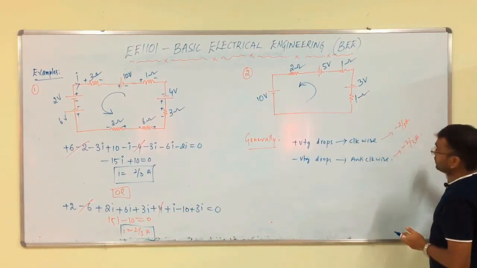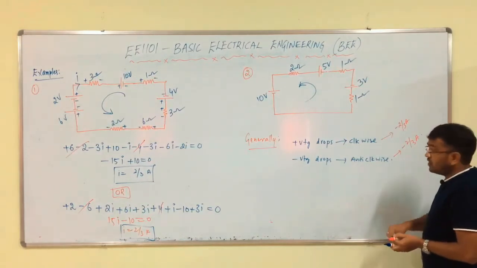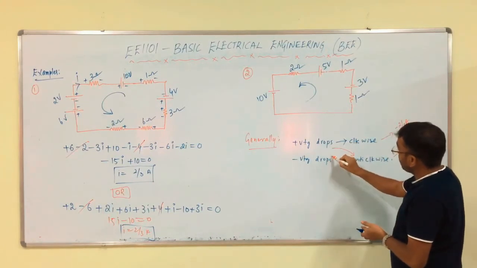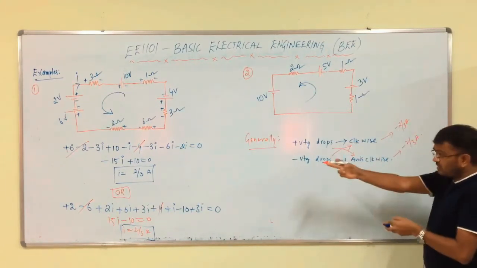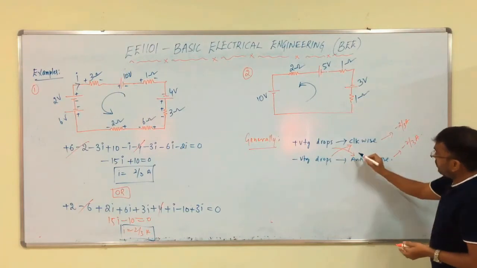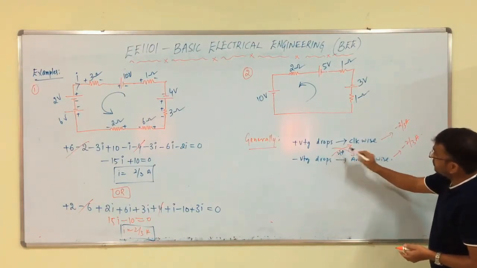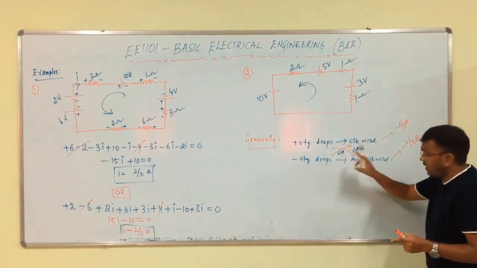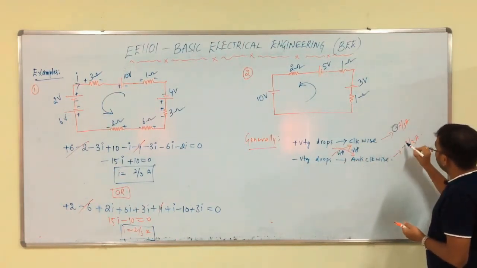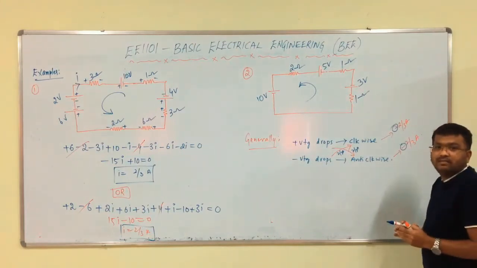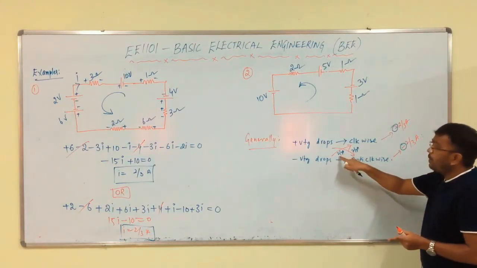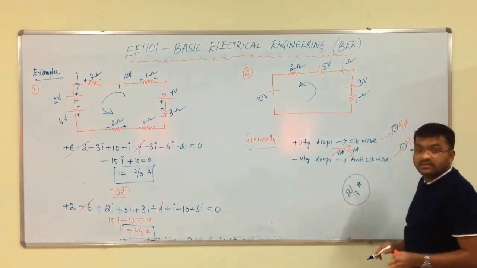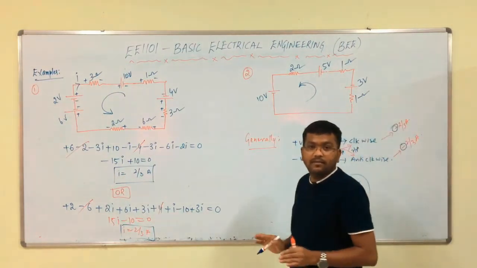But when I change to positive voltage drops for anti-clockwise direction and negative voltage drops for clockwise direction, is there any change in the value of current? We got 2 by 3 amps for this, and 2 by 3 amps for that. There is no change in the value of current; the only change is in sign, but the magnitude is 2 by 3 amps in any case. I think your doubt is clear.